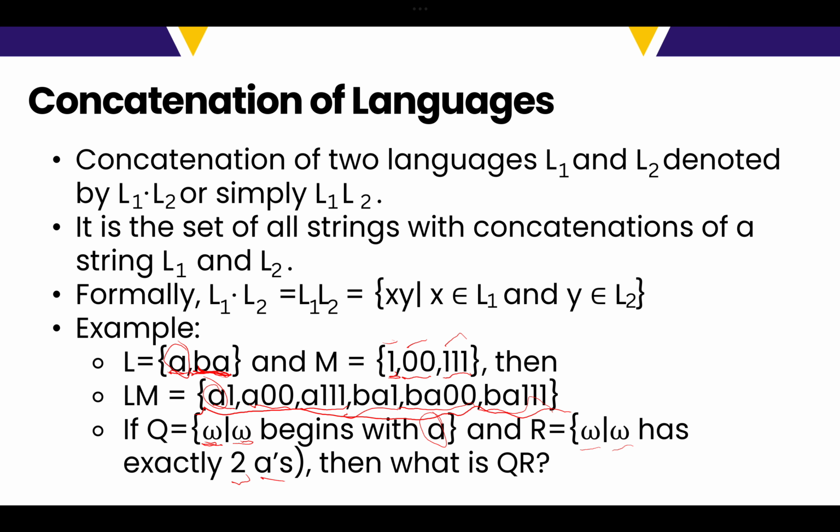So, how do we make a new language that is a concatenation of Q and R?